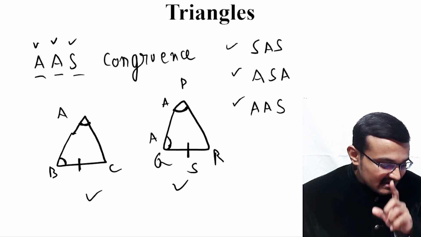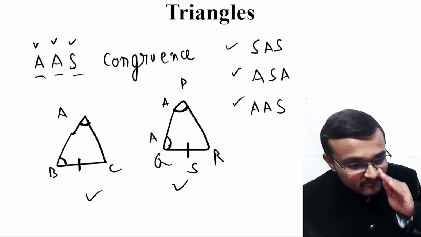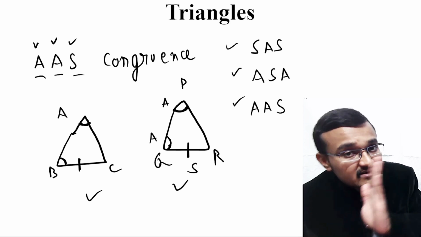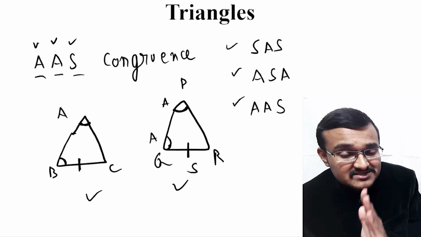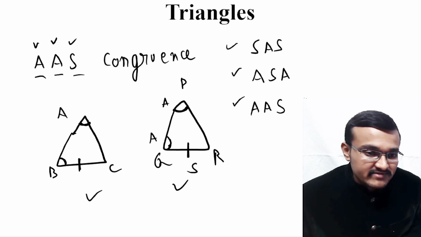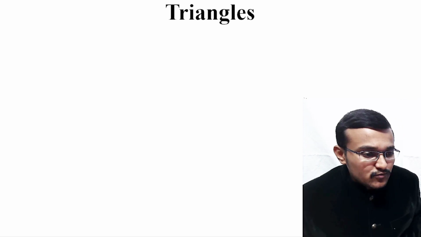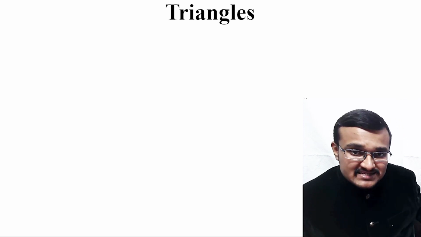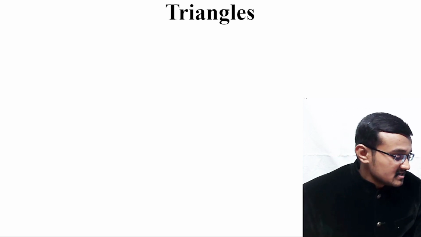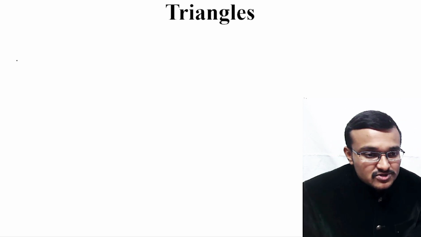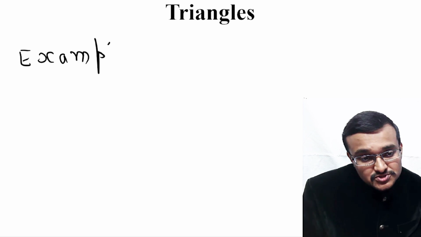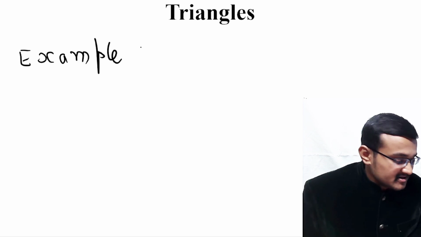So if the angle, angle, side of one triangle is equal to the corresponding angle, angle, side of another triangle, then those two triangles will be congruent with each other. Now you have learnt about SAS congruence, AAS congruence, and also ASA congruence. Based on this, we will now solve example 3, and we will also solve exercise 7.1.